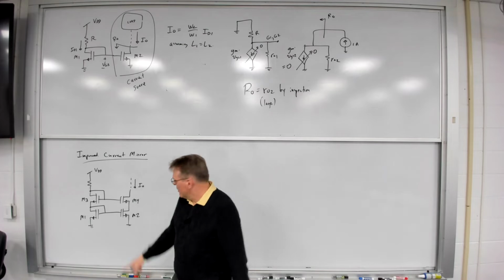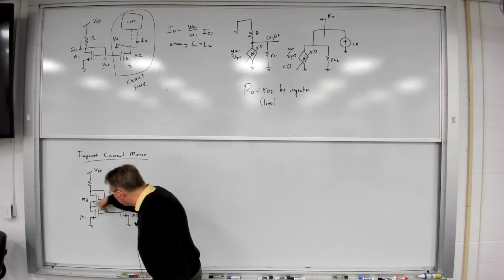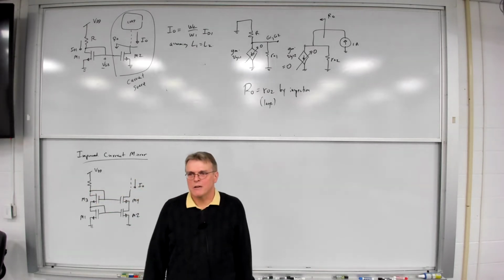So I've cascoded the current mirror. I've taken the M1 and the M2, and I've now added these two devices to create a cascode effect.